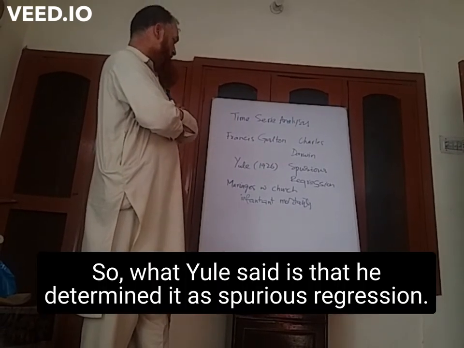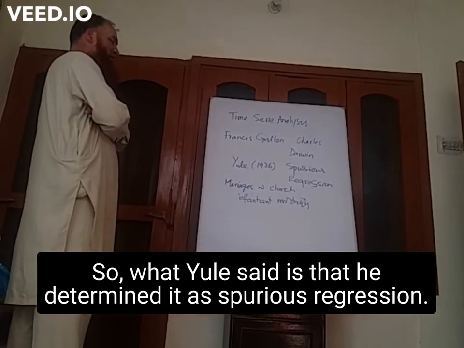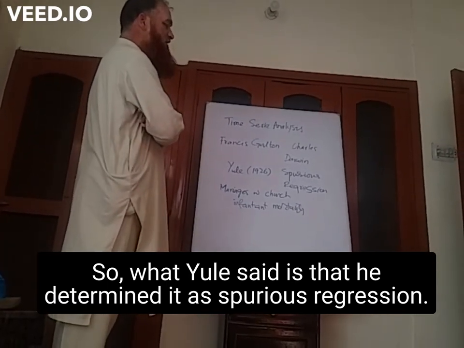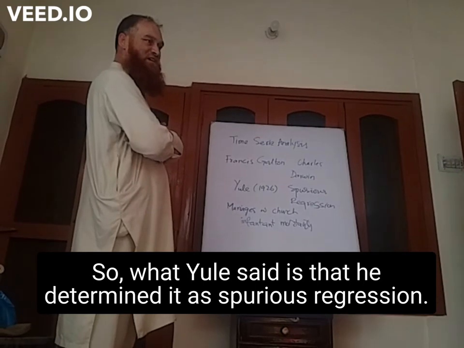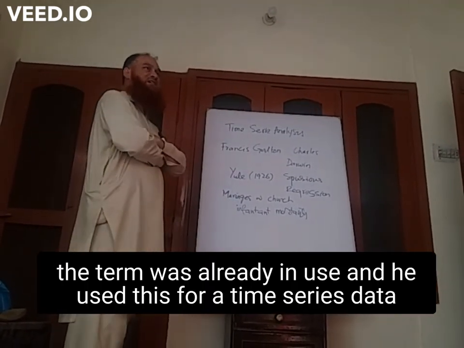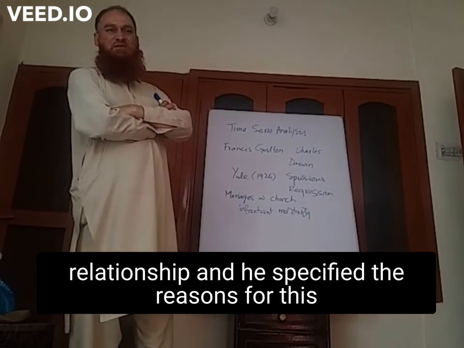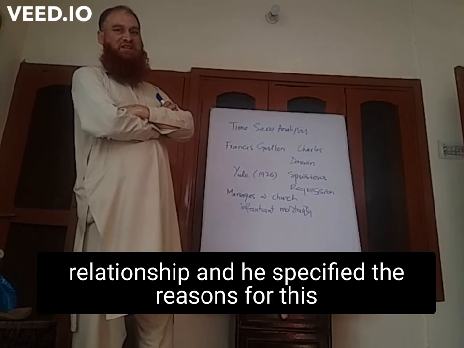So what G. Undy Yule said is that he termed it a spurious regression. The term was already in use, and he used this for his time series data, and he said that in most time series you will see this kind of relationship, and he specified the reasons for this.